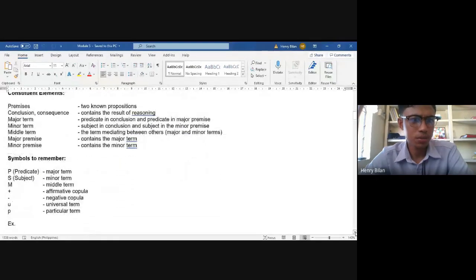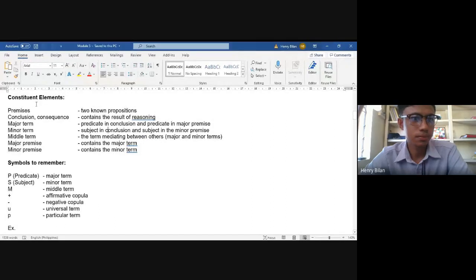So we have symbols involved. Since the middle term is the predicate, it is symbolized by P. So kapag nakakita kayo ng capital P, ibig sabihin that is our major term. Capital S is subject, minor term.